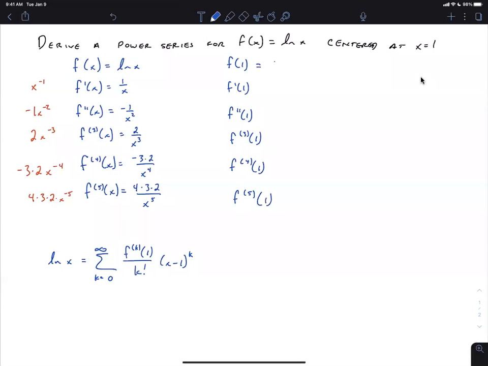On the first one, we get natural log of 1, which is 0. But then we get 1 over 1, which is 1. Negative 1 over 1, which is negative 1. 2 over 1, which is 2. Negative 3 times 2 over 1, which is just negative 3 times 2. And then 4 times 3 times 2 over 1 to the 5th, which is just 4 times 3 times 2.